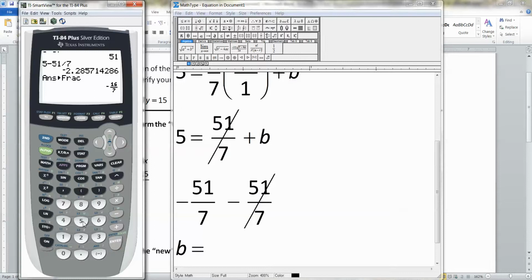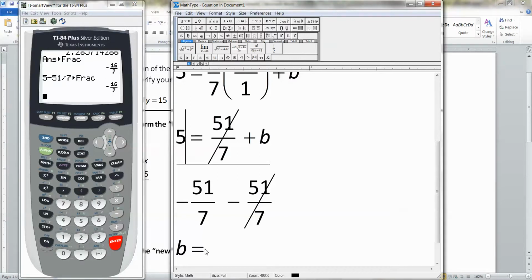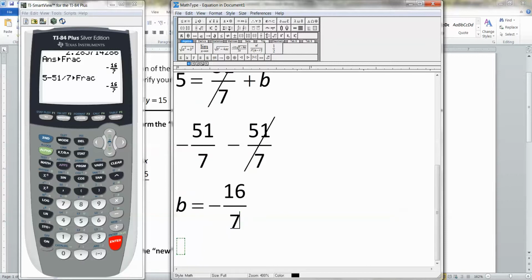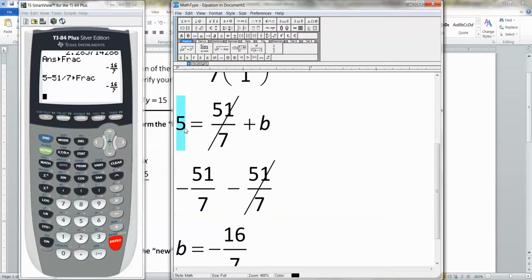You could actually do it as one step. You can go 5 minus 51 over 7, math 1, enter. Again, that's using the calculator to help ourselves, but hey, we paid good money for it. Why not? If you were going to do it longhand, you'd have to turn this guy into 5 over 1, and multiply by 7 over 7 because you'd want them to have the same denominators.